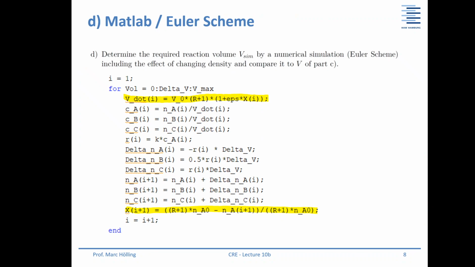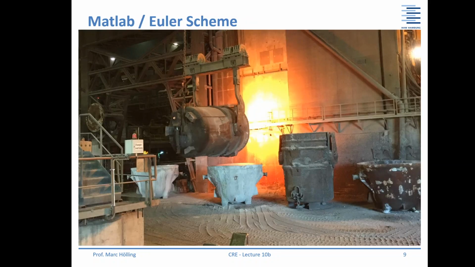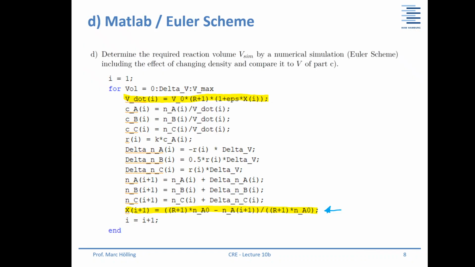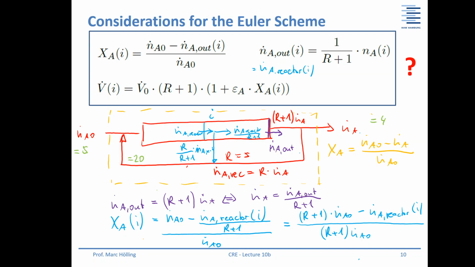Okay, if you look at my MATLAB code, so basically this is what I did here. So this is slide 10. Okay, so hopefully this helps you to understand my MATLAB code.